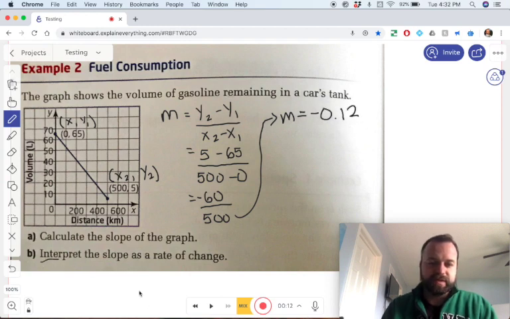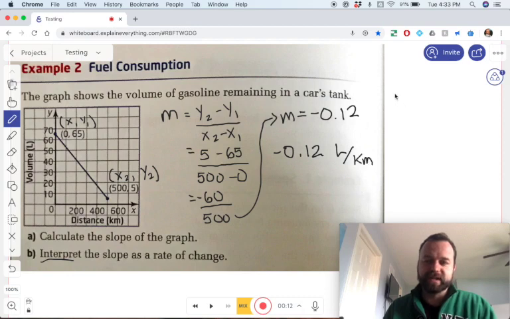So question B says interpret the slope as a rate of change. What does that mean? What does a slope of negative 0.12 mean in this context? Well, we have to remember this has units attached to it. I am using the units of liters per kilometer.